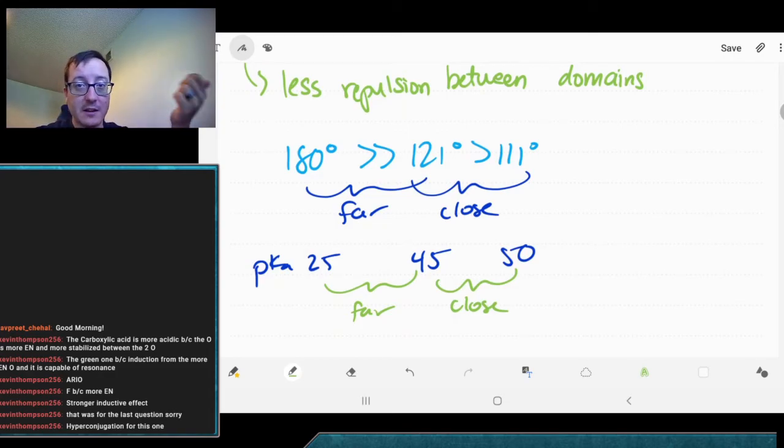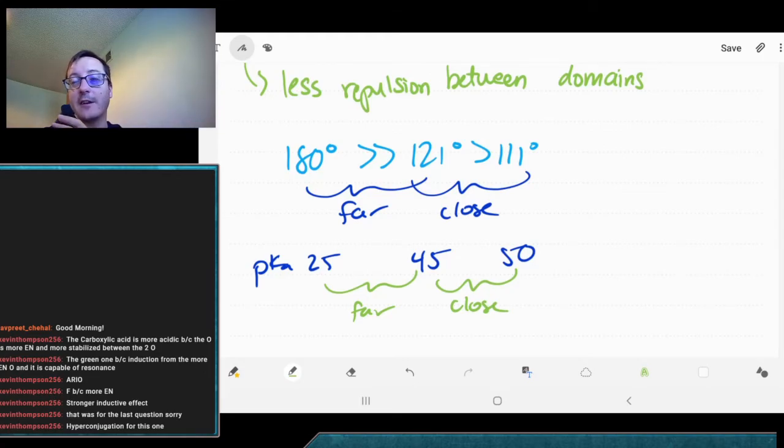So there is the effect that the sp hybridized orbitals are more spherical, they're more s character than p character, or they're equivalent s and p, right? And so we're going to see those are held closer to the nucleus, and they have kind of more room to not repel with things. And so as a result, those are going to be our stronger acids.